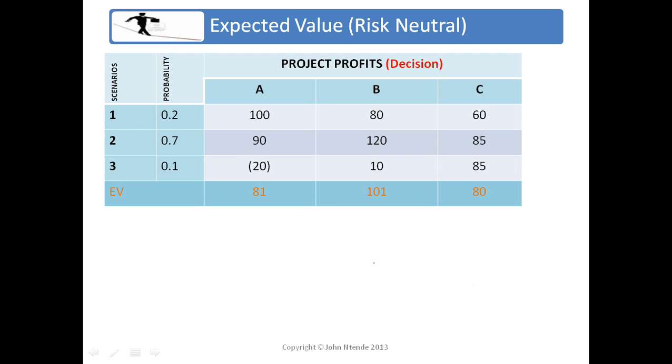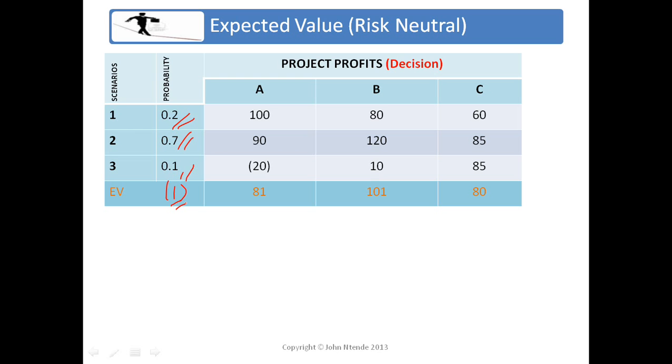Same table, but this time I'm attaching a probability to the different outcomes. Scenario 1 has a probability of 0.2 occurring, scenario 2 is 0.7, and scenario 3 is 0.1. Remember, the summation of the probabilities must equal 1.